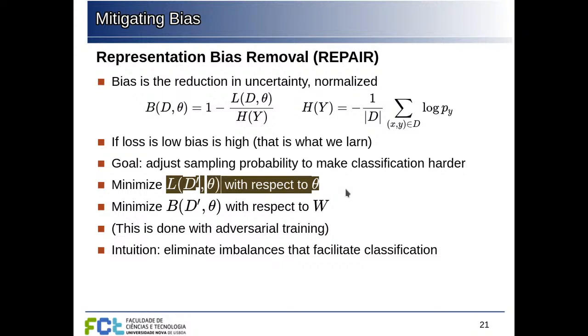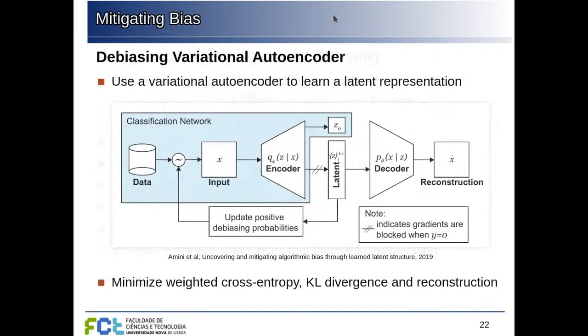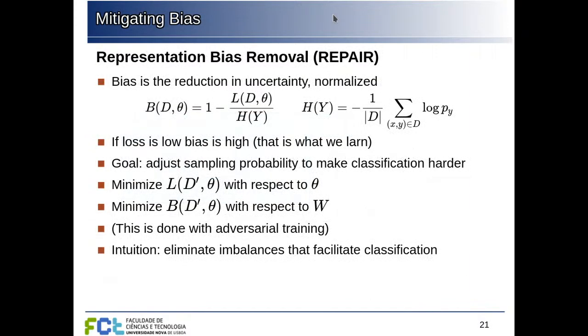We are just eliminating the biases that facilitate classification and are dependent on the distribution of the examples in our data set. So this is how repair can work, to give you different probabilities of sampling different examples in order to eliminate those biases coming from different distributions of different examples in our data set.